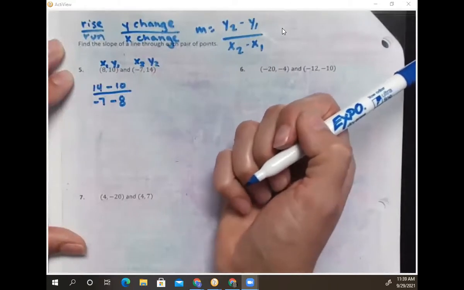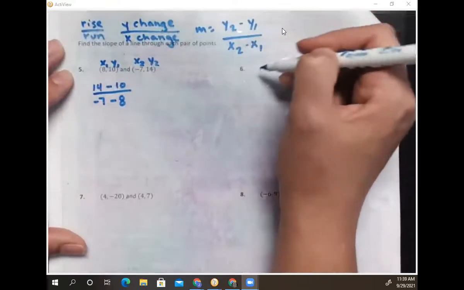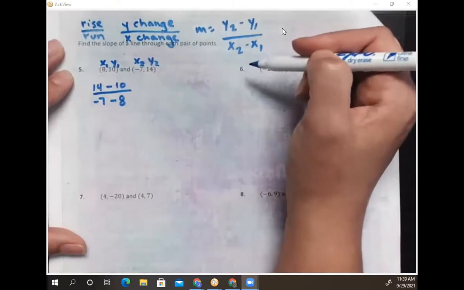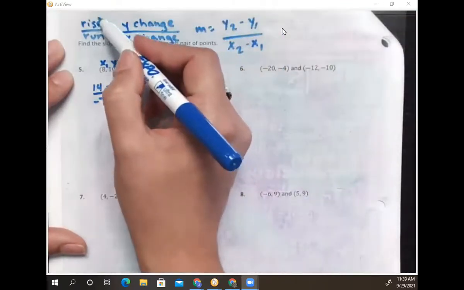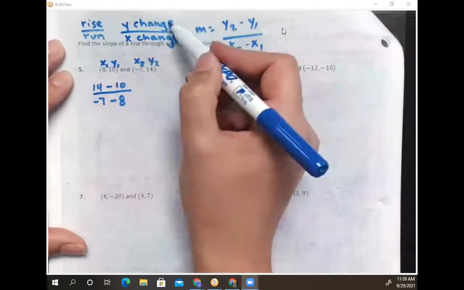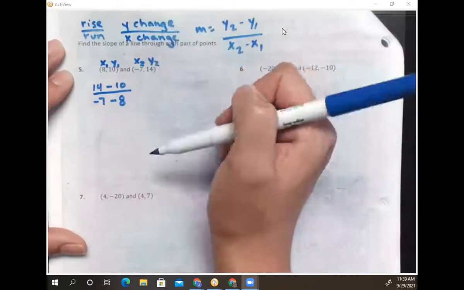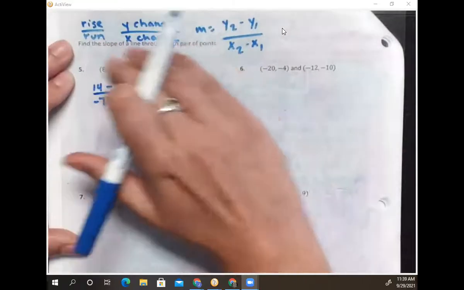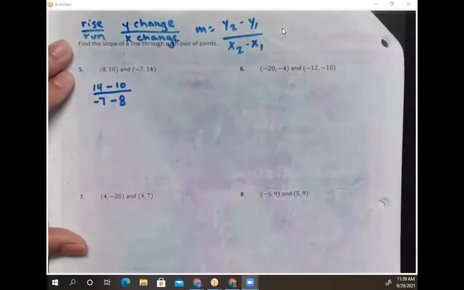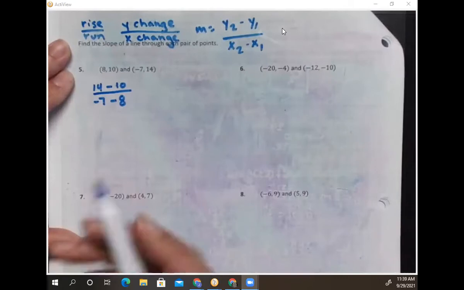Okay. If you know that trying to memorize slope formula is not going to work as well, but you remember that slope is rise over run, and you can remember y on top, x on bottom, then there's another approach that you can take here. Okay. So I'm going to get rid of these labels for just a second, and I want to show you the other way that we can approach this.